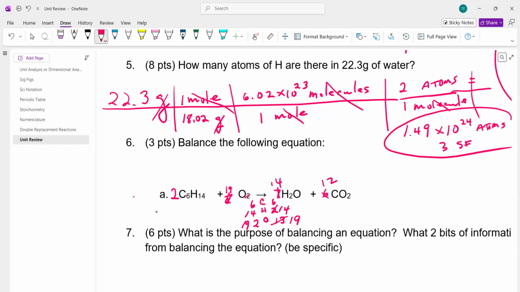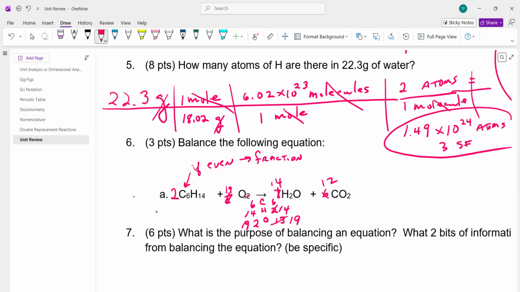Now a hint, if you're in a combustion problem, if this is even, you're gonna need a fraction. So C4, C2, C6, C8, C10.